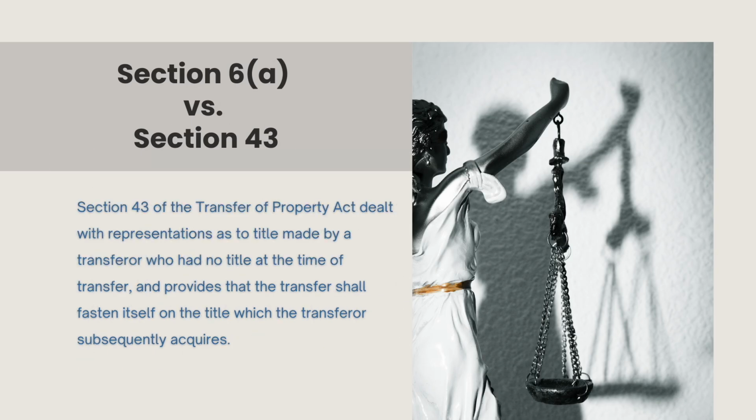On the other hand, Section 43 dealt with representation as to the title made by a transferor who had no title at the time of transfer, and provides that the transfer shall fasten itself on the title which the transferor subsequently acquires.